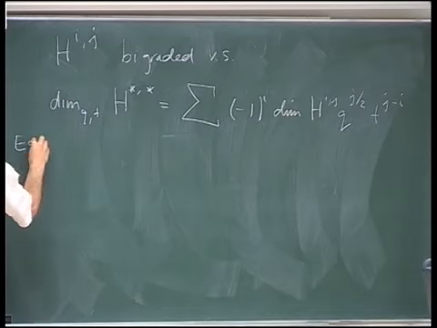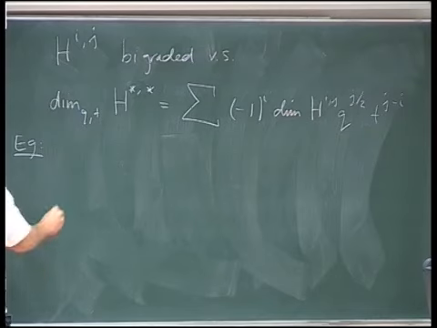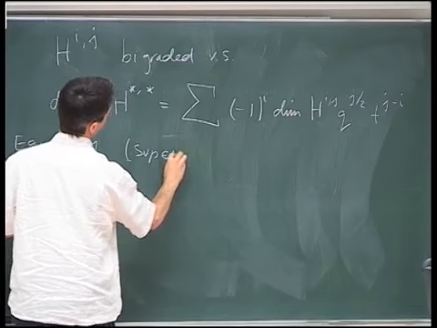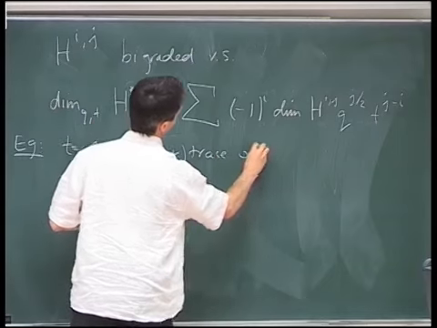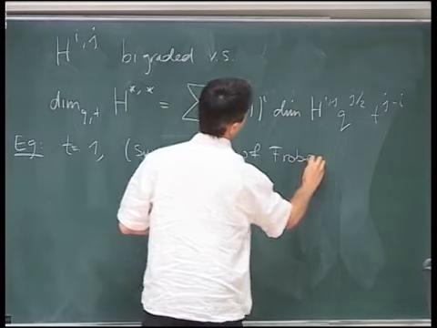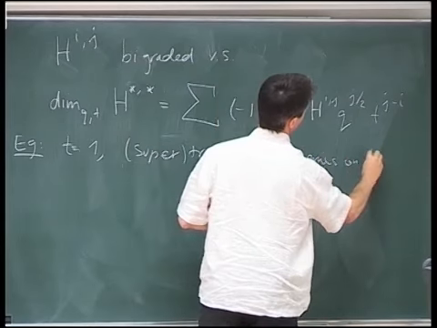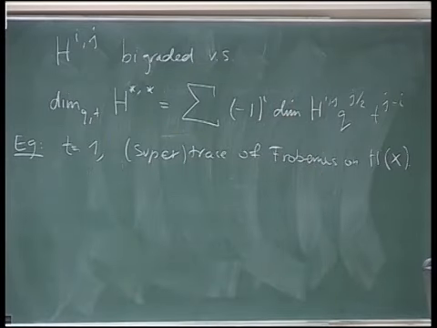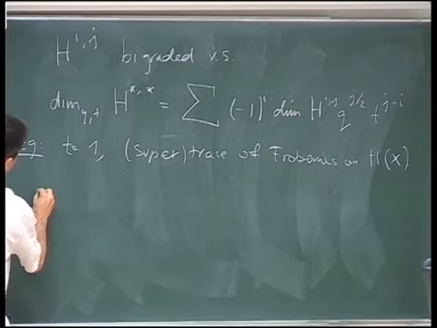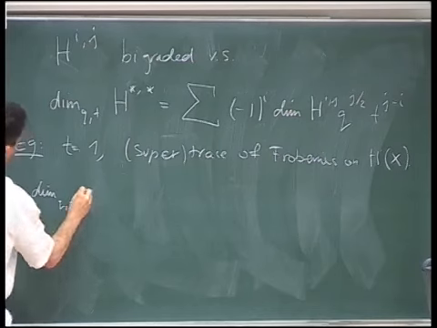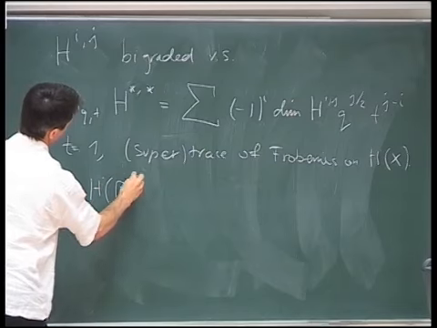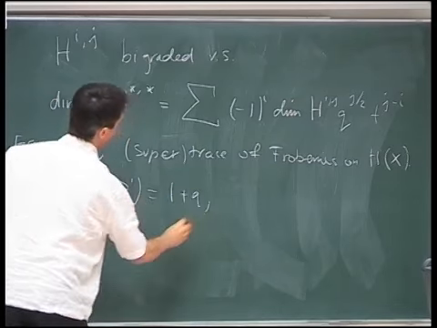So an example is at t equals 1. This is the alternating trace of Frobenius on the cohomology. So some examples which will play a role later on. Dim_{q,t} of the cohomology of P1 is 1 plus q.